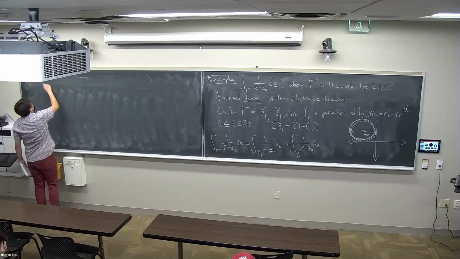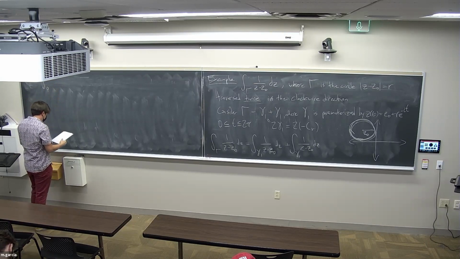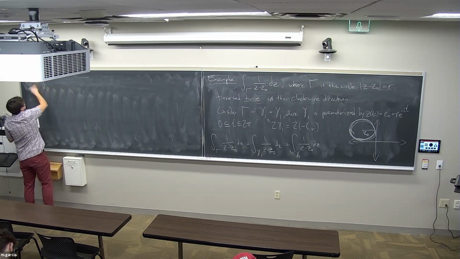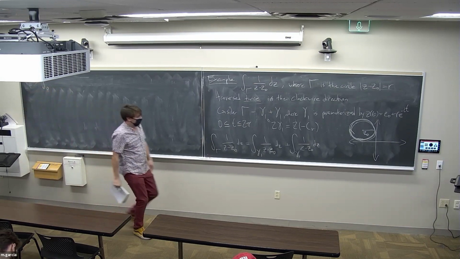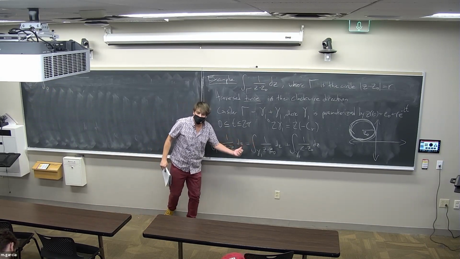So, we go from 0 to 2 pi. Well, first of all, let me just simplify my computation slightly. I get the same thing here, right? So this is just 2 times the contour integral.